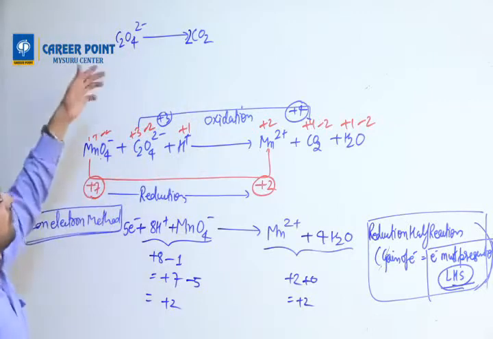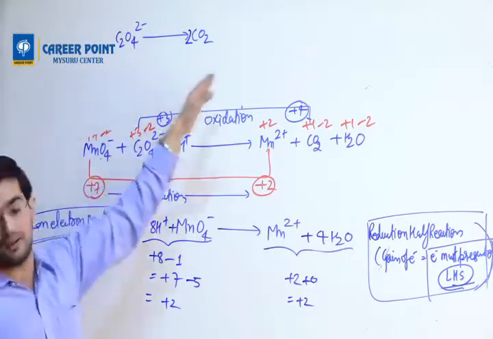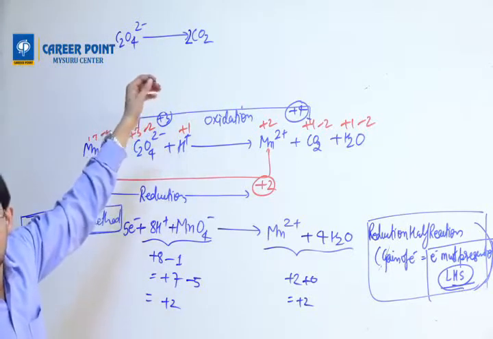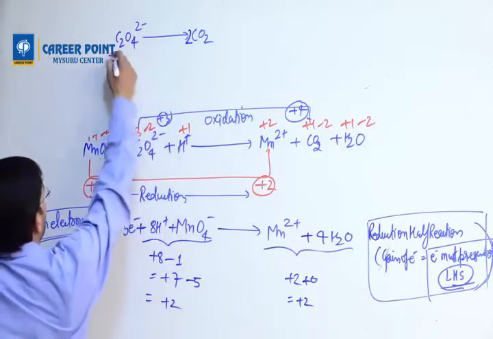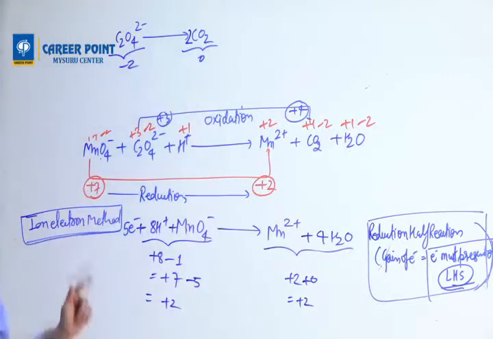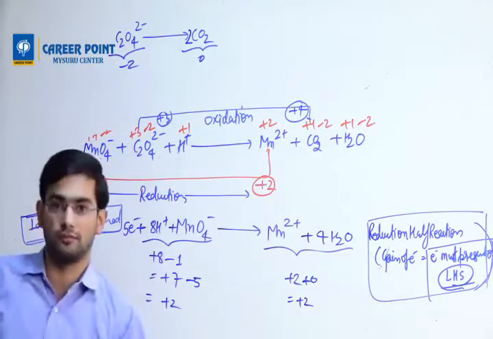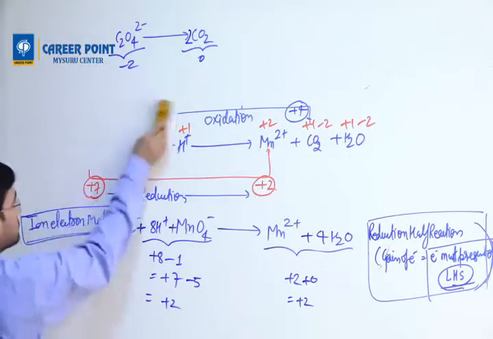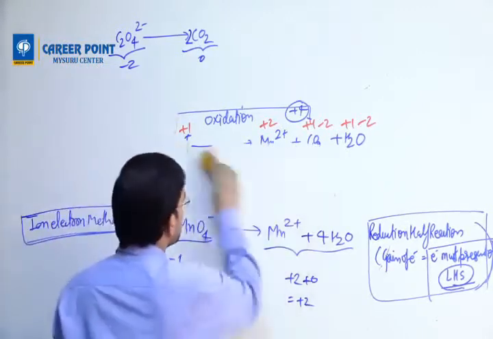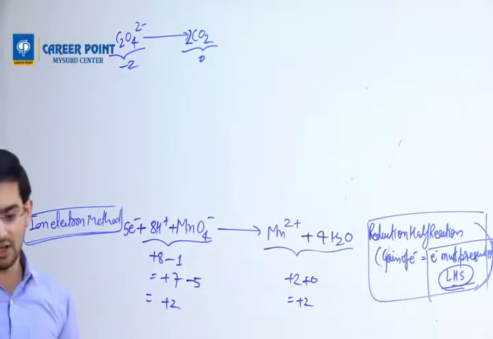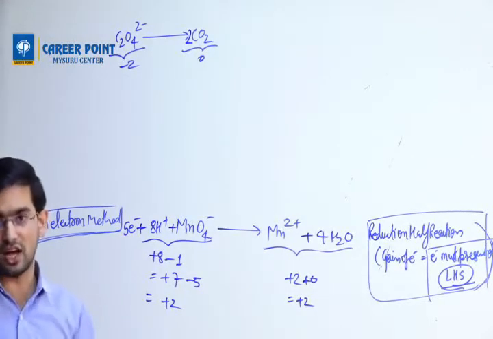Okay, now once I do this, you will find that this is not balanced by charge. So you find the charge here. Total charge -2, total charge 0. Now you tell me which side charge is more. LHS or RHS?